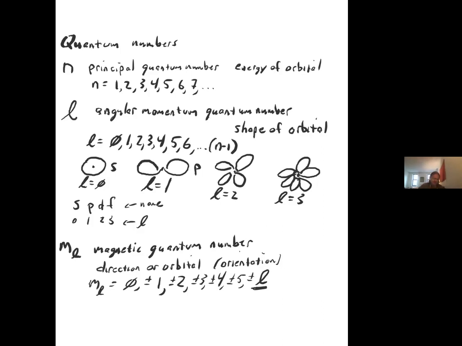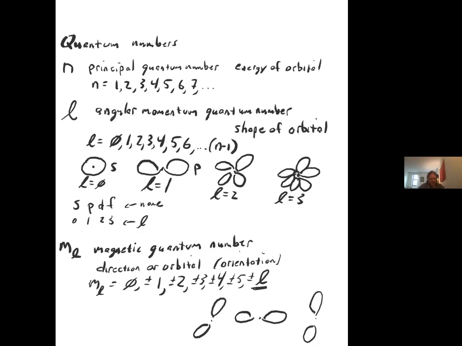So what does that mean? The direction. Remember when I talked about the p orbital? How the p orbital has 3 different directions? Oops, I drew the third one, just like the first one. So let's do this way.